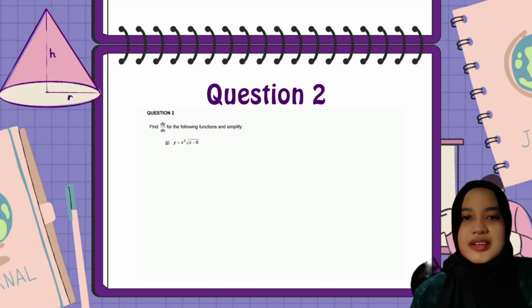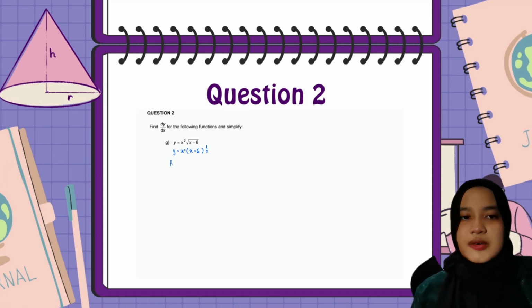To make this easier to differentiate, our first step is to rewrite the radical square root as a fractional exponent, which is y equals x squared times (x minus 6) to the power of 1 over 2. Looking closely at this expression, we have two functions multiplied together, which are x squared and (x minus 6) to the power of 1 over 2.